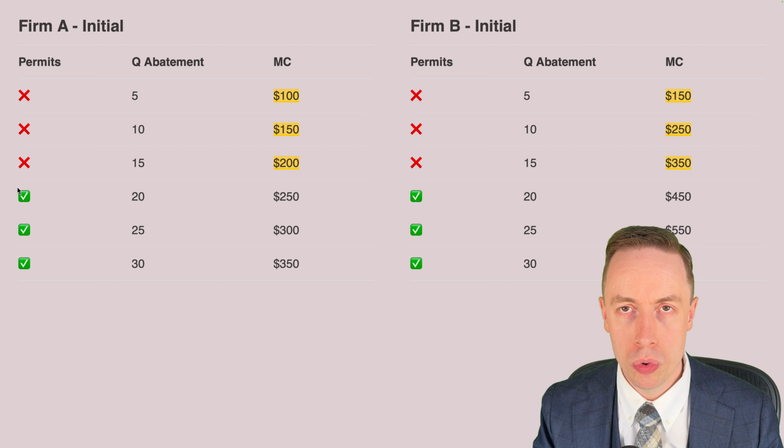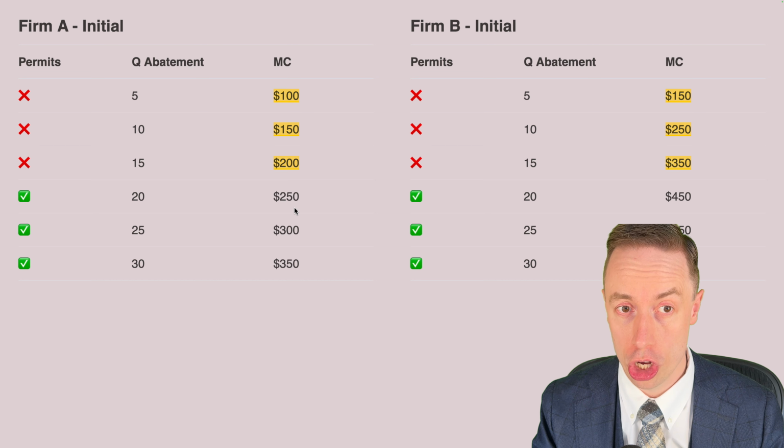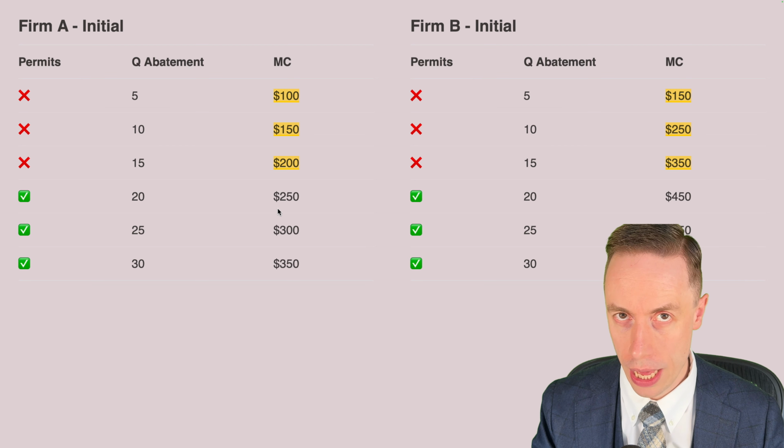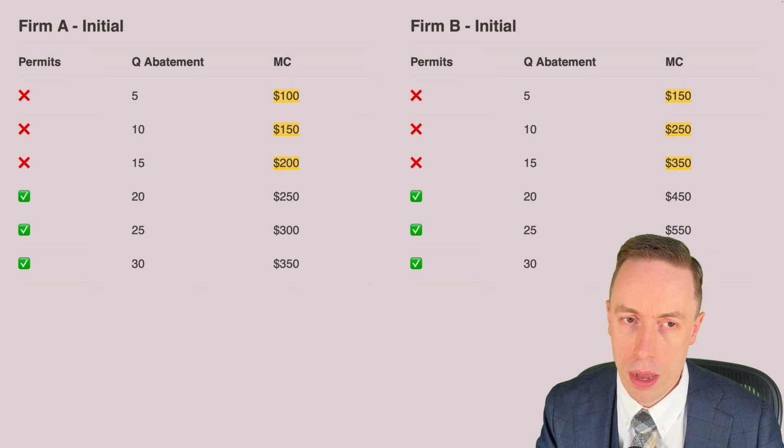Right now, owning that block of 5 permits means they do not have to cut these 5 units of pollution, which would cost the firm $250 per unit to cut. So those permits have real economic value to firm A. They are not just going to give them away for free.